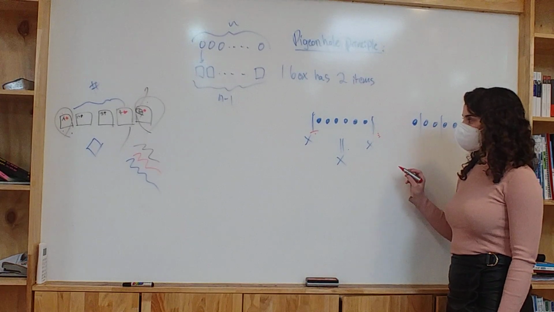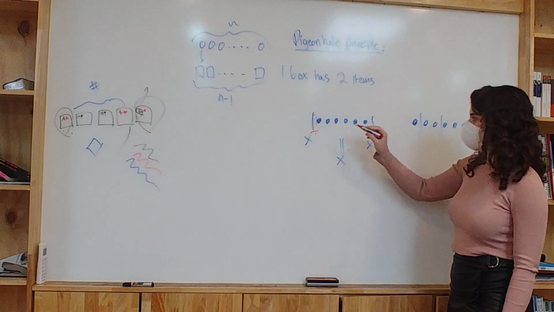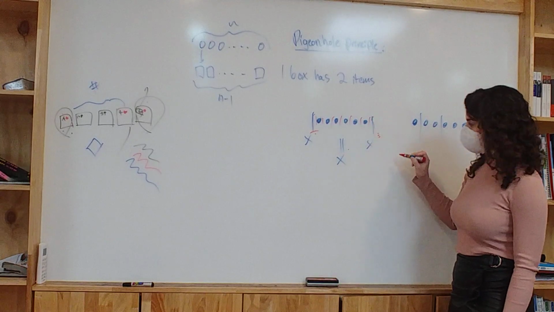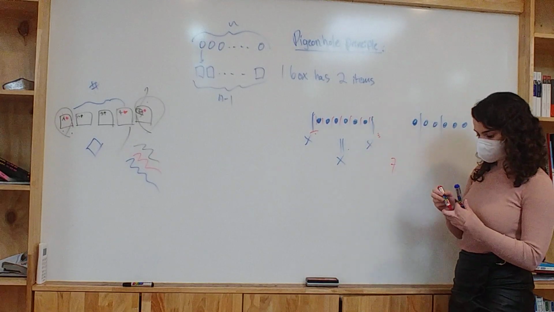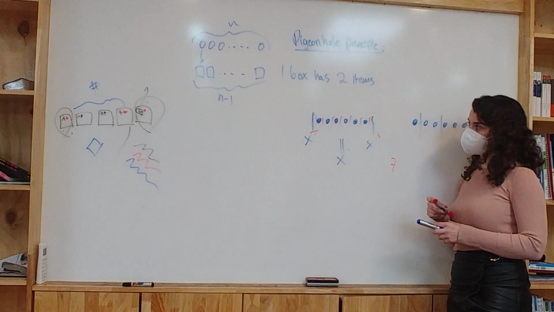Okay. So it's like you got the 2 there. 7. That's 7 bad ones, right?